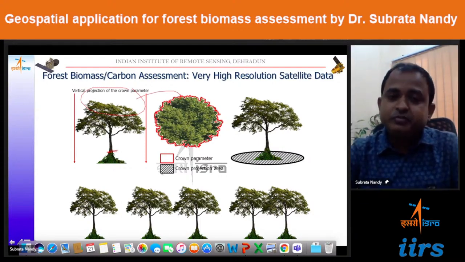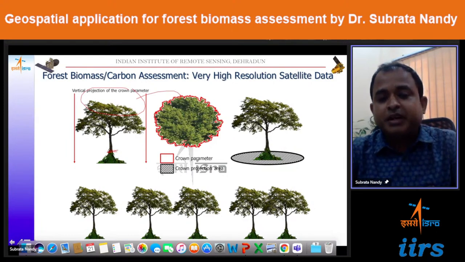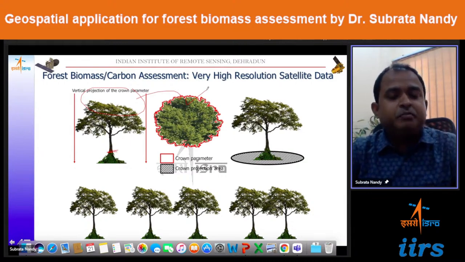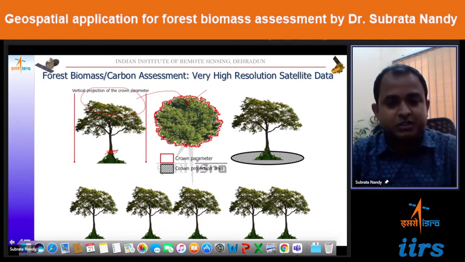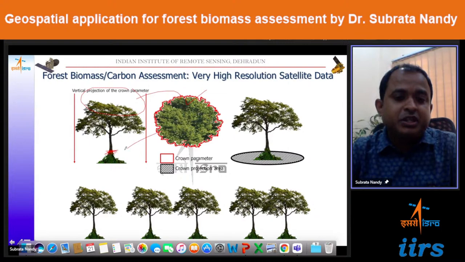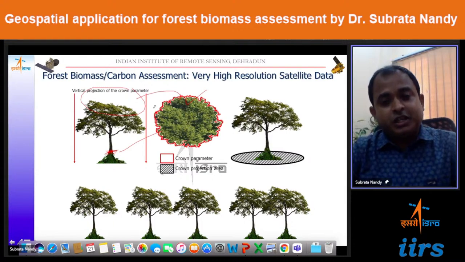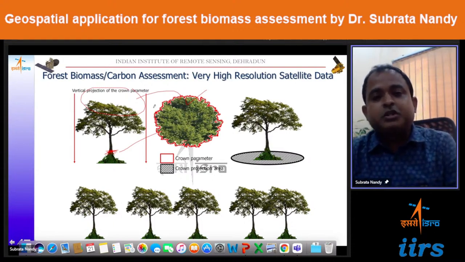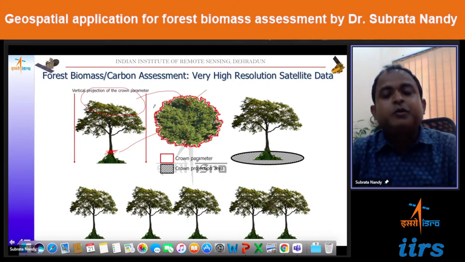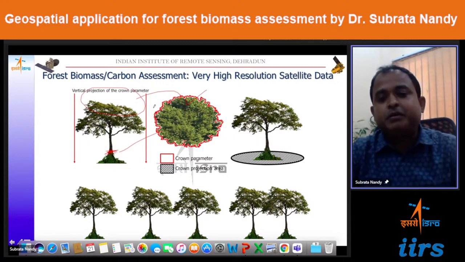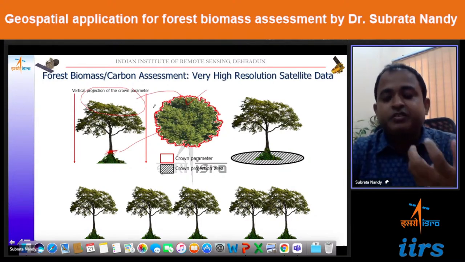Because from satellite data we cannot map the diameter, we map the canopy projection area, and there exists a relationship between canopy projection area and diameter of a species at specific sites. So by developing this relationship, we convert the canopy projection area map into a diameter map, and from diameter, using a volumetric equation, we convert to volume, to biomass, to carbon. That means you are able to delineate or map the individual tree carbon.